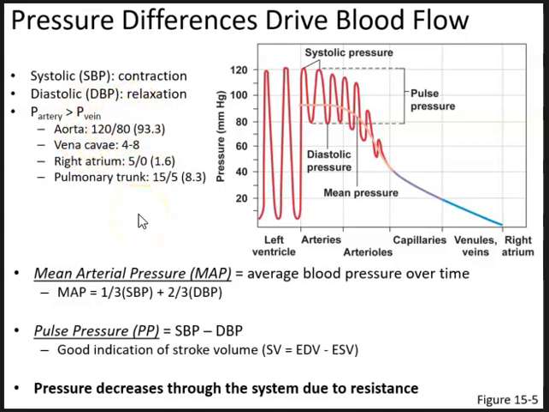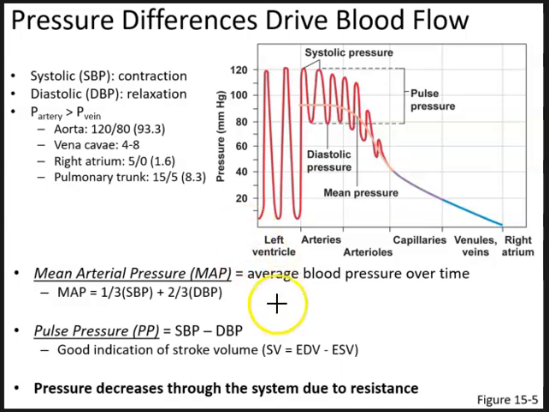So we know that mean arterial pressure, which is the average blood pressure over time, is equal to 1/3 of systolic blood pressure plus 2/3 of the diastolic blood pressure. However, we can also use a simpler formula using pulse pressure. Pulse pressure equals systolic blood pressure minus diastolic blood pressure. So the formula we can use to make things a lot simpler for mean arterial pressure is MAP equals 1/3 the pulse pressure plus the diastolic pressure.